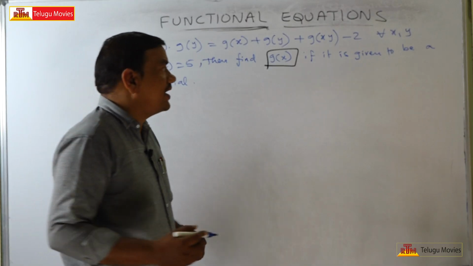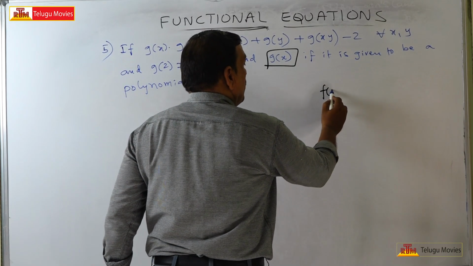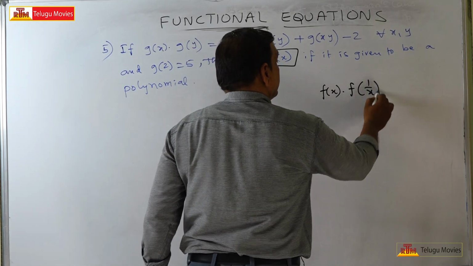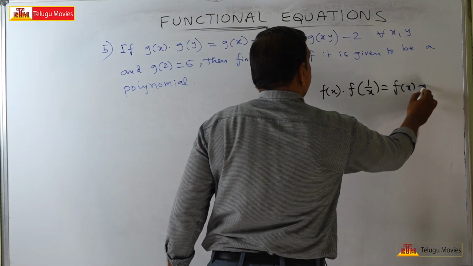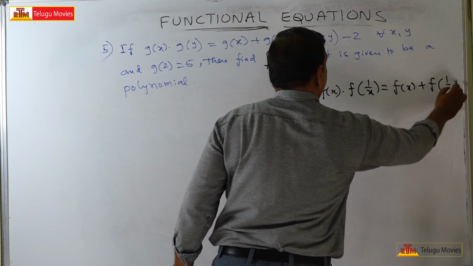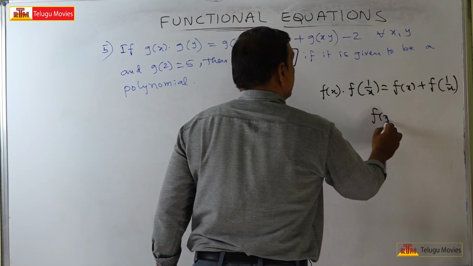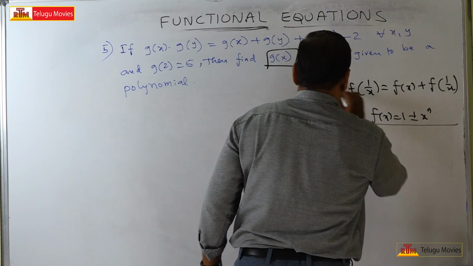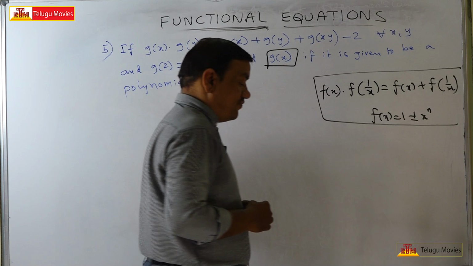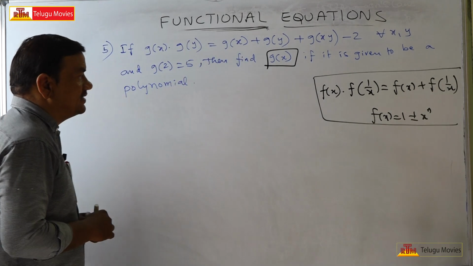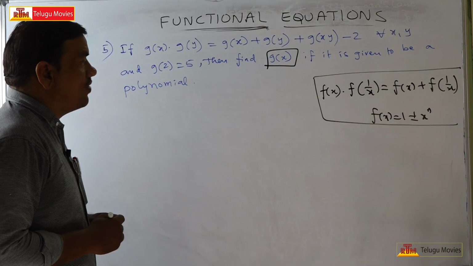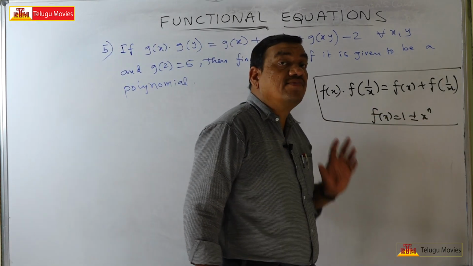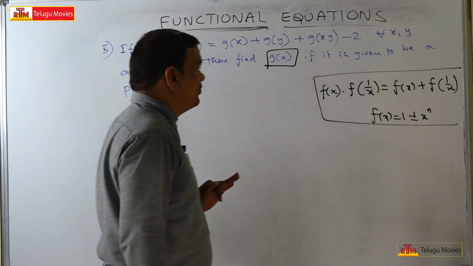If f of x into f of 1 by x is equal to f of x plus f of 1 by x, then f of x is equal to 1 plus or minus x power n, where f of x is a polynomial. That formula we have.